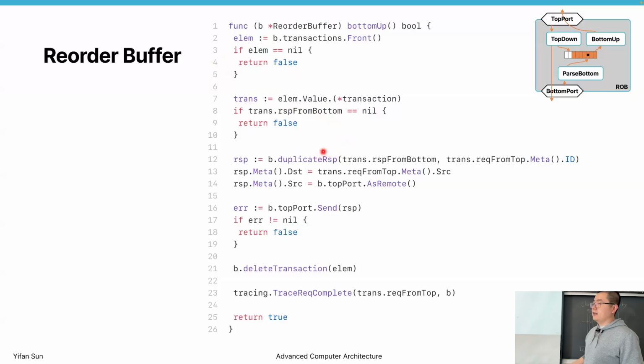Then duplicate the response. So all our requests are disposable, one-time use. So we clone a response, we set the source and destination, we send it through the top port. Still, if it's not successful, we return false. But if it's successful, line 20 is the critical point where we delete this transaction. We're fully done with this transaction. Then we trace it, we return true. We know this happened.